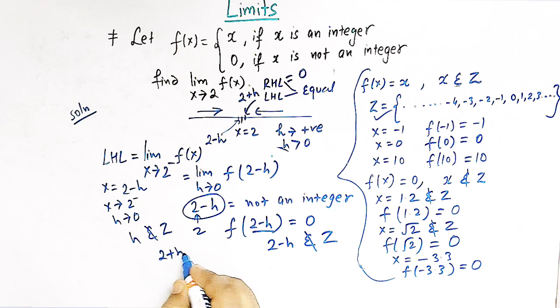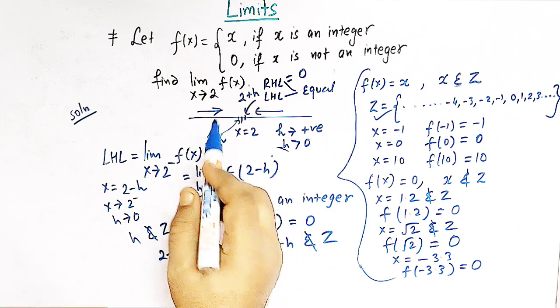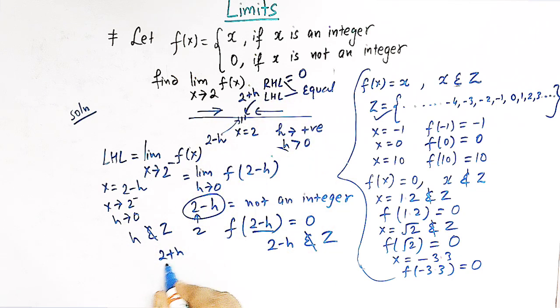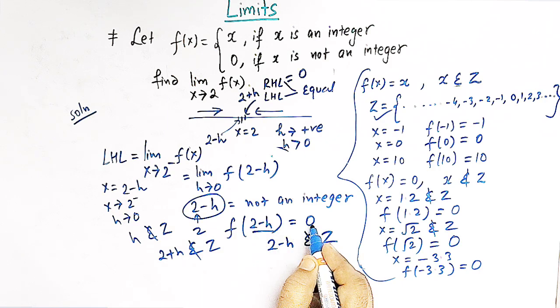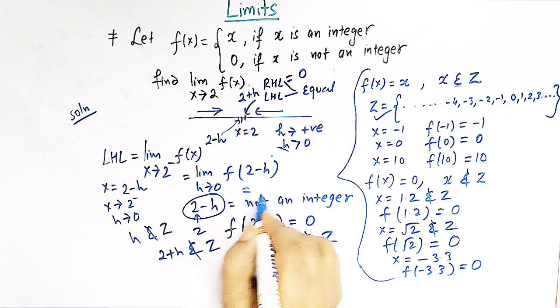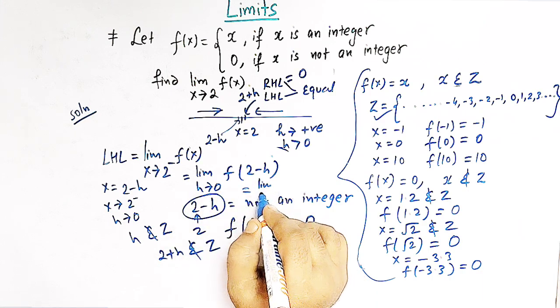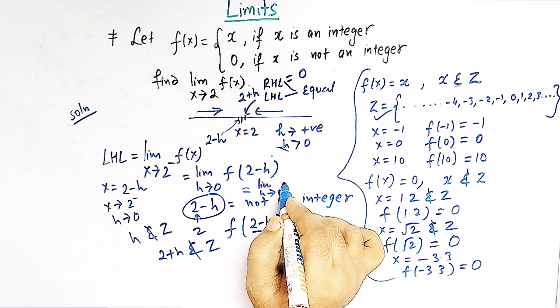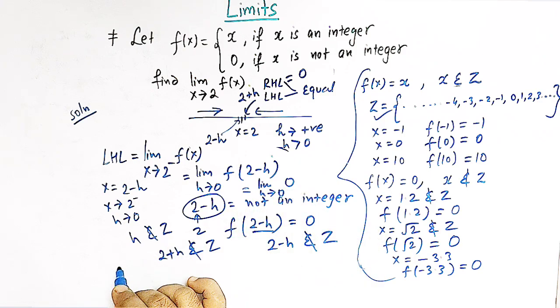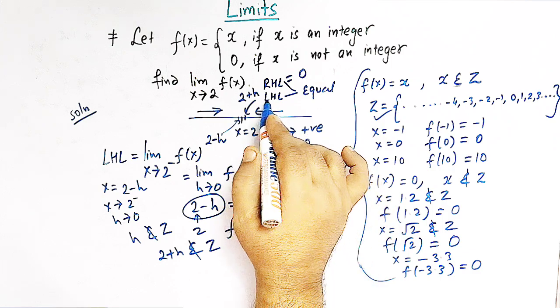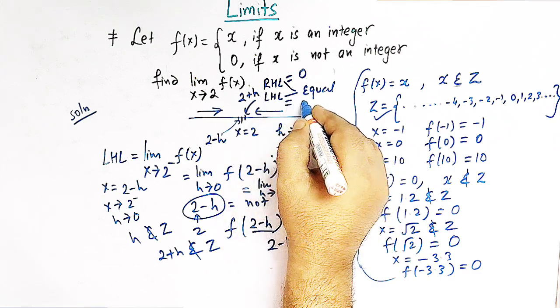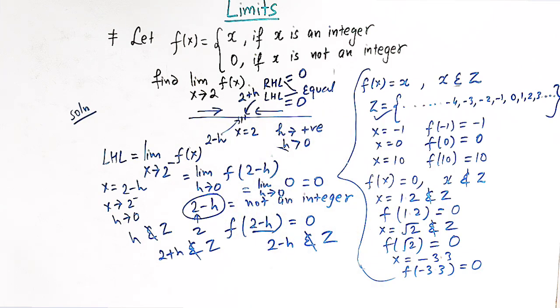And 2 plus h, which was considered while calculating the right hand limit, also does not belong to the set of integers. So f of 2 minus h is equal to 0. So now this limit is the limit h tends to 0, and f of 2 minus h is equal to 0, right? So here we have 0. So the value of the left hand limit is also equal to 0.